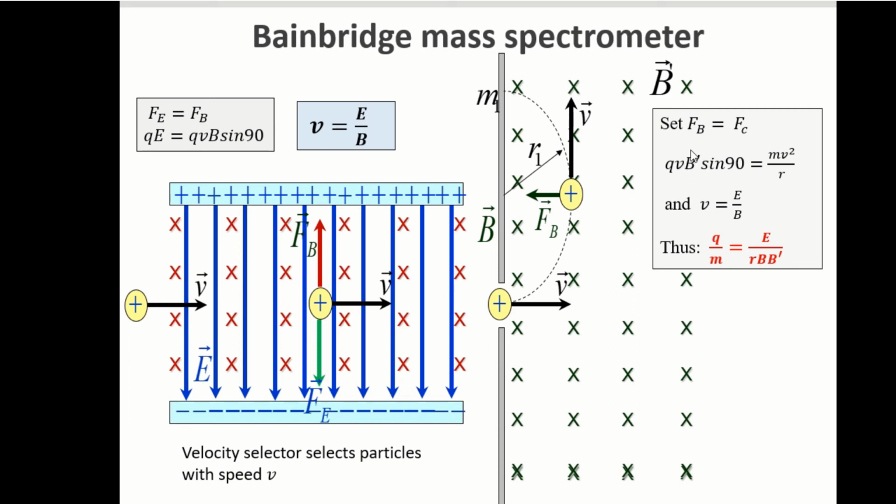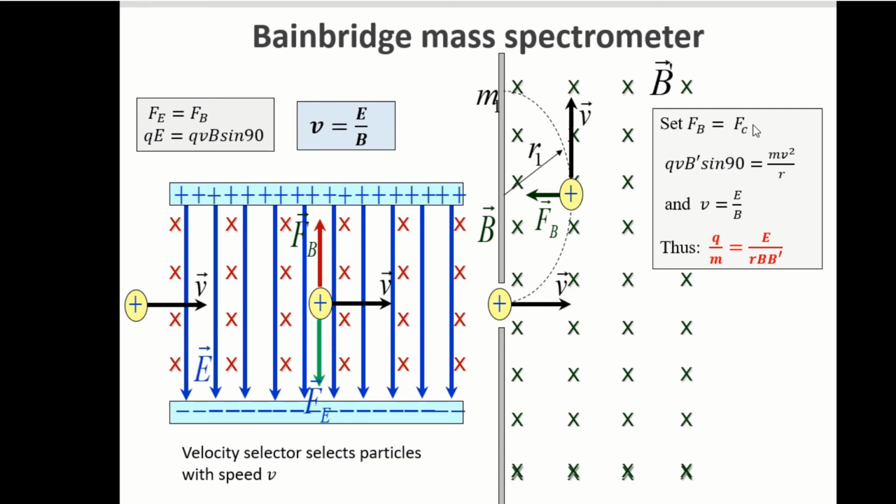Why B prime? B prime is the magnetic field in the last chamber. It is not the same as the magnetic field in the velocity selector, so that's why we put B prime here. Same here, theta equals 90 degrees because the velocity and the magnetic field are perpendicular.